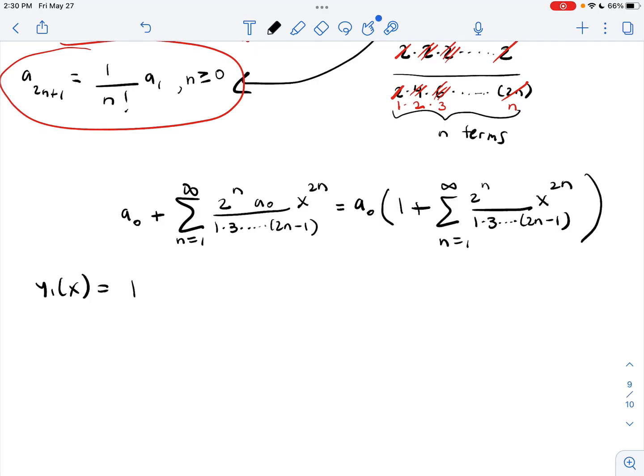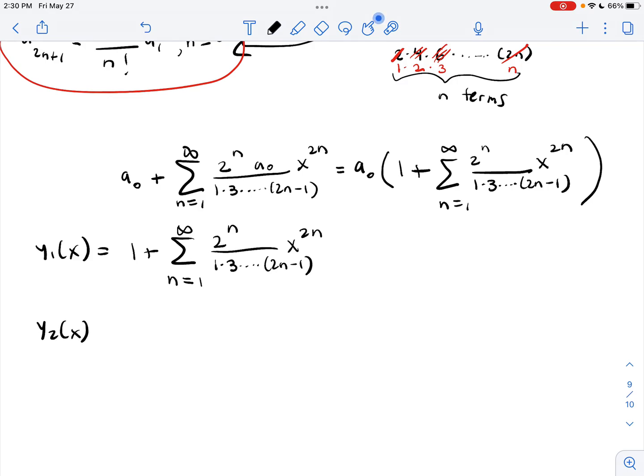Our y1 of x is equal to 1 plus, you don't need to put the constant in when you're putting your linearly independent solutions, right? So you've got this guy, this is our first series solution.